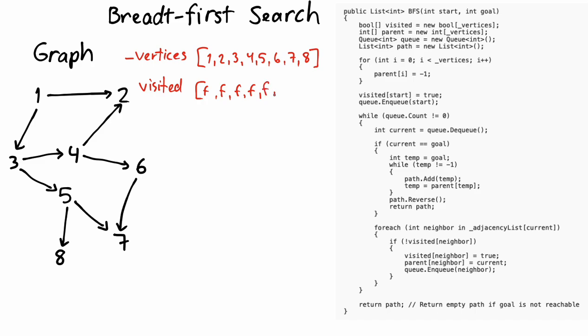All nodes or vertices have a false value because we haven't visited them yet. Then we have the parent list, and here we set the parent value to -1, so every parent is now -1.